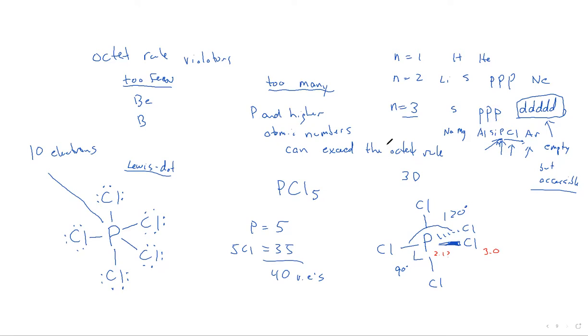And so you're going to have all these local dipoles. But this is highly symmetrical. This is one of those highly symmetrical shapes. If you take 5 balloons and you blow them up to the same size and you connect them at the center, they will take on this trigonal bipyramidal shape.